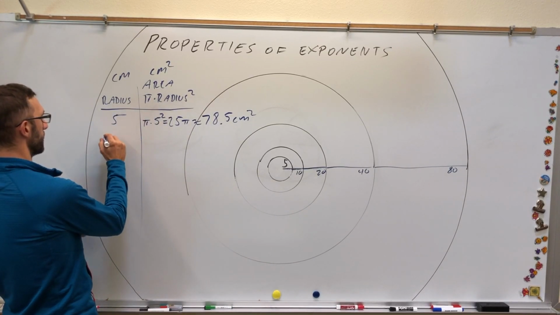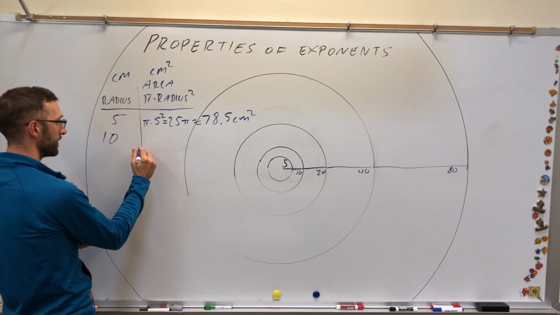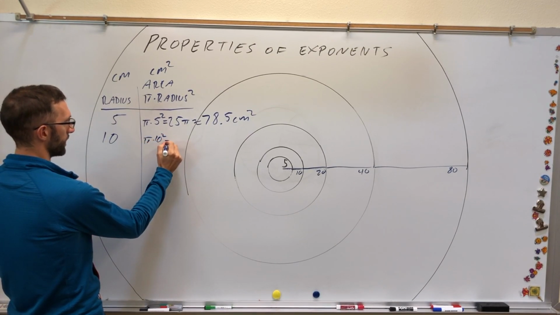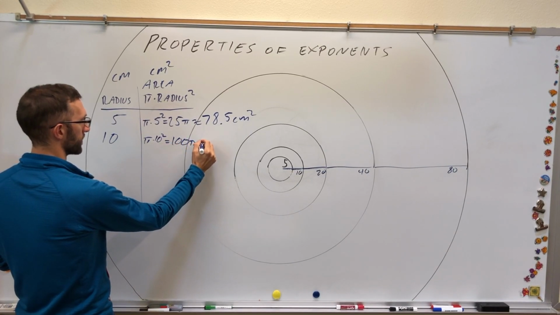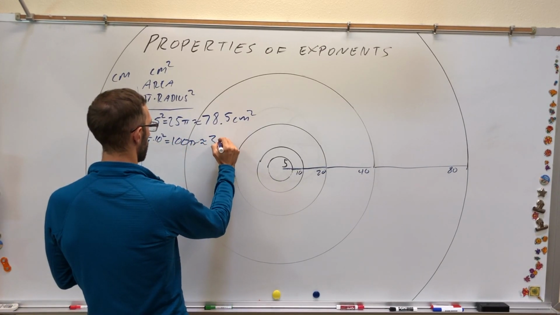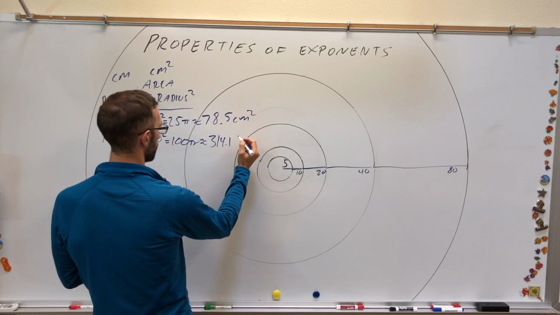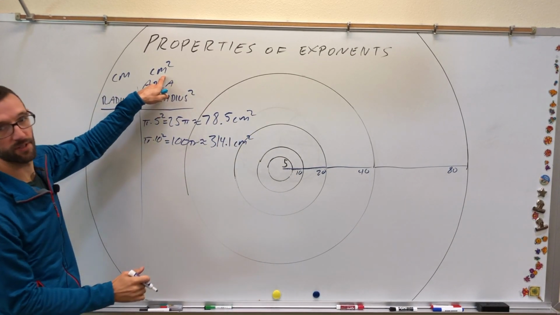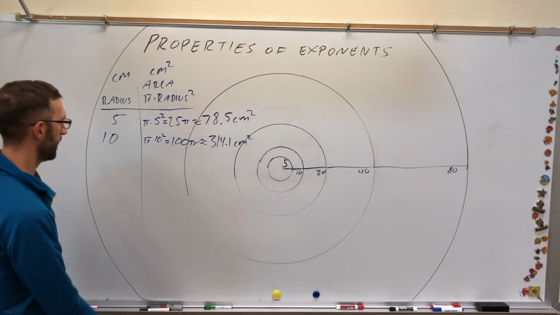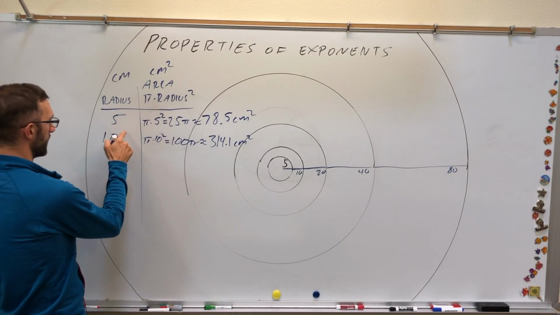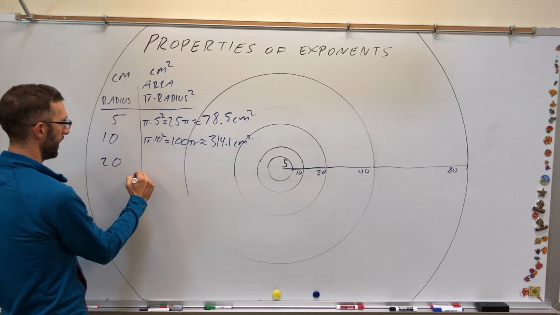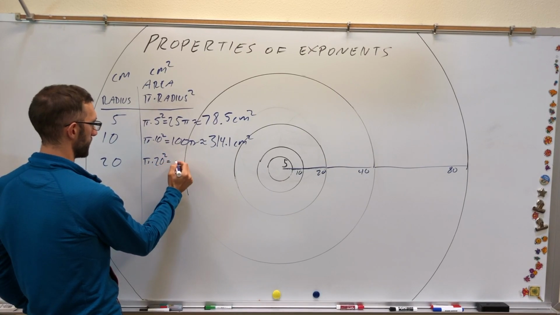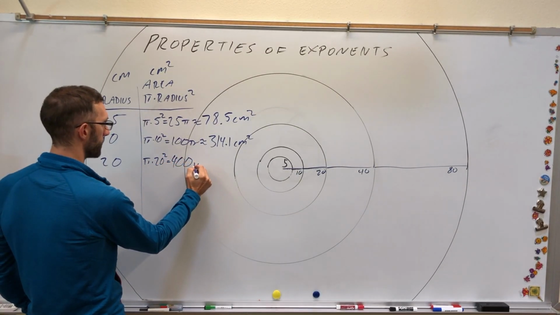So let's keep going. 5, then it becomes 10, so pi times 10 squared, which is 100 times pi, about 314.1 cm squared. I'm not going to write centimeters squared anymore because I've already said the area is all centimeters squared. Now 5, 10, then we get 20. Then we get pi times 20 squared, which is 400 times pi.